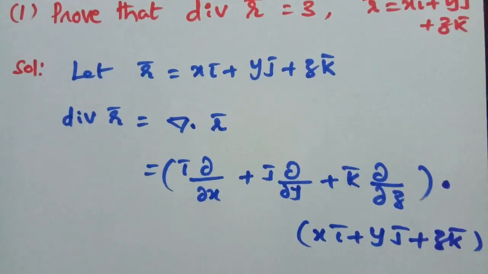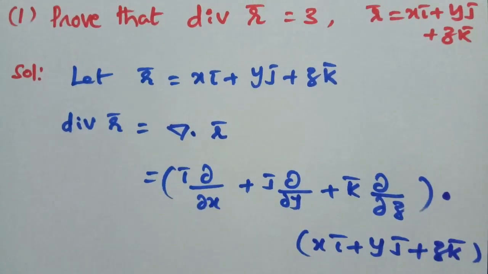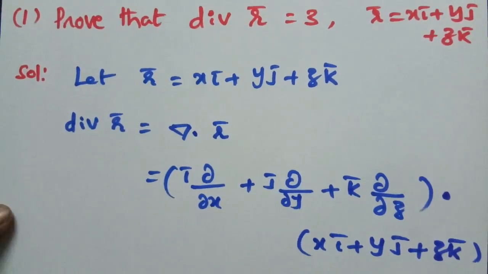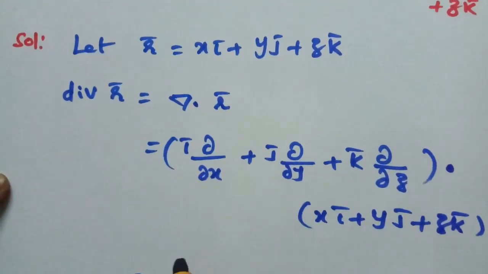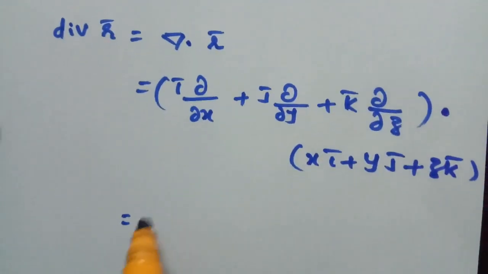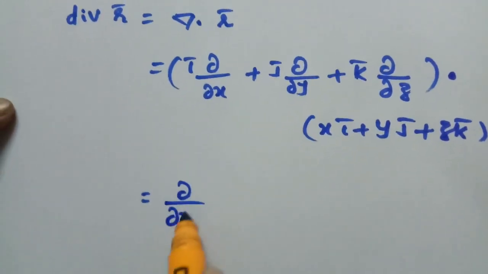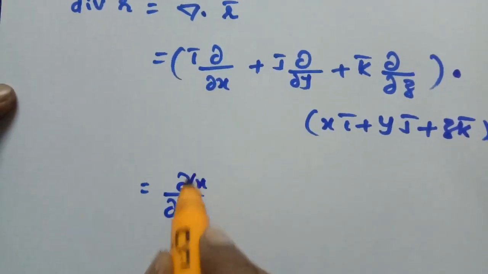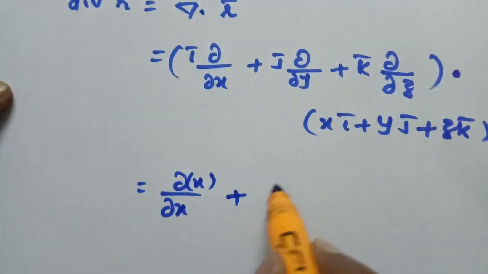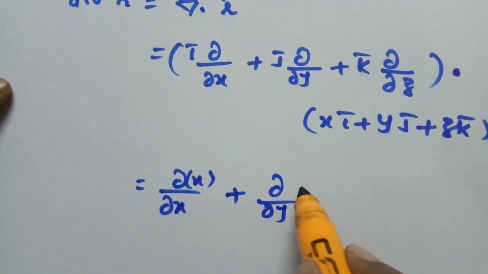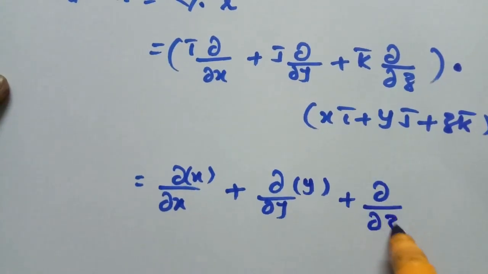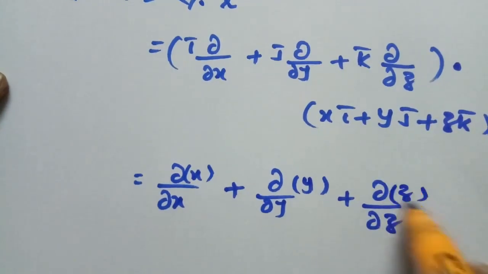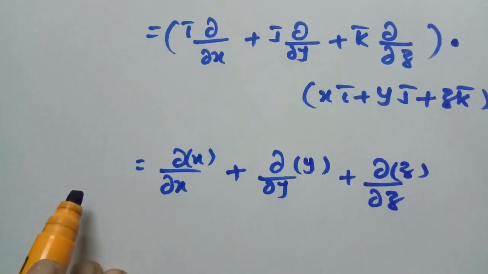As in the above note, I explained the dot product between del and f bar, del dot f bar. Therefore, i bar dot i bar is 1. Therefore, this can be written as dou by dou x of x plus dou by dou y of y, since j bar dot j bar is equal to 1, plus dou by dou z of z, since k bar dot k bar is equal to 1.